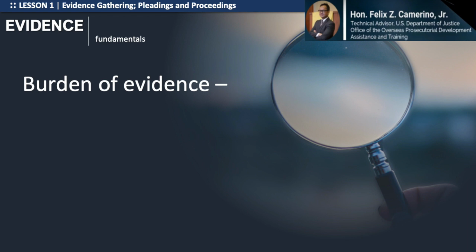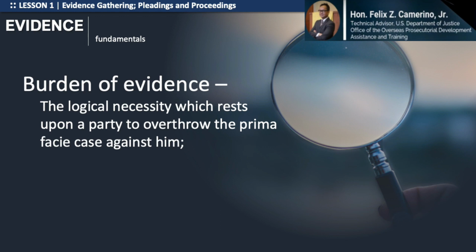They provide proof, and then, of course, the defense or the accused and his defense team would respond. It's their logical necessity, and it rests on them to overthrow whatever prima facie evidence was presented by the prosecution to say that they did commit this offense or this violation.